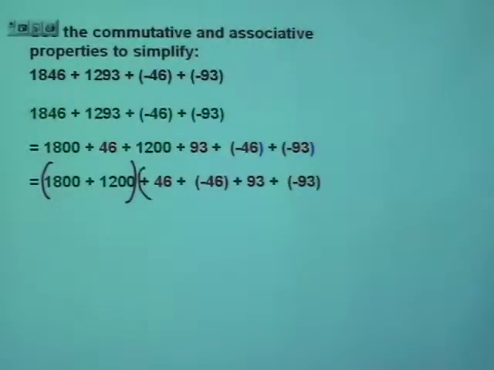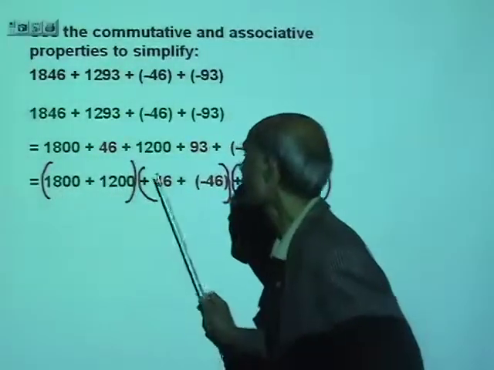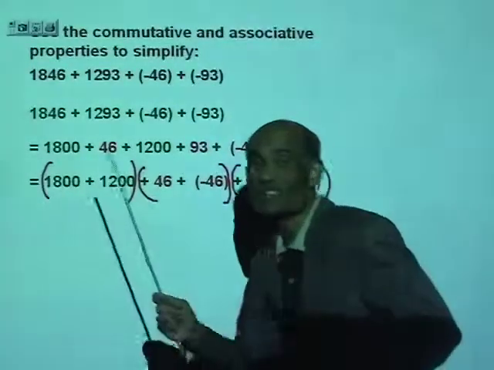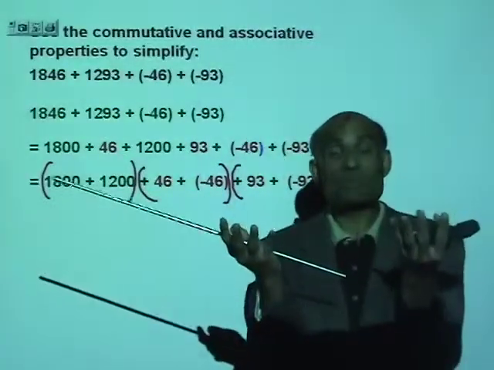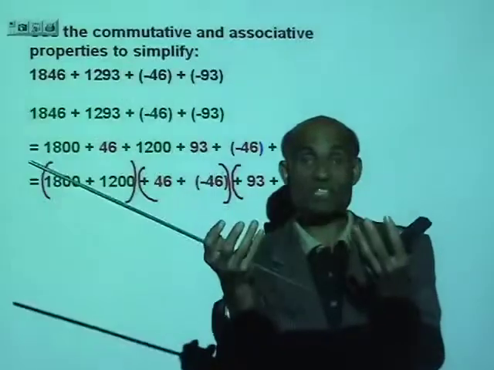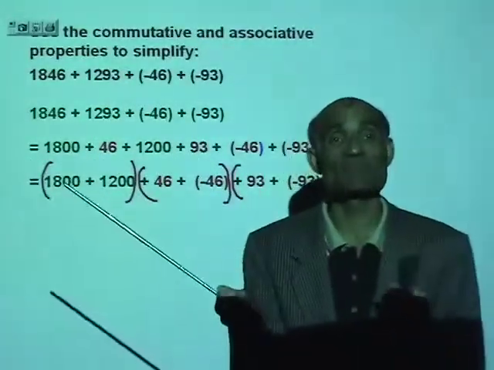And then we're going to associate these two. And then we're going to associate those two. You see? We're going to do this first. And look at the way we're going to associate. You can rewrite and rearrange numbers to change the association to make it easy for us to do our calculation.